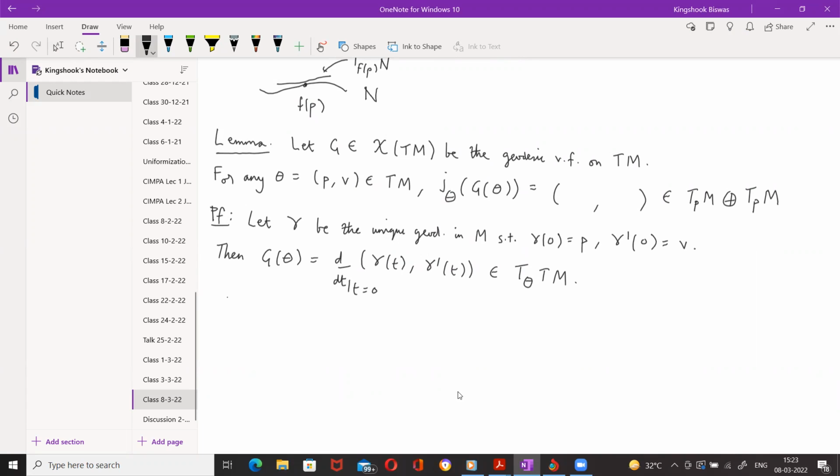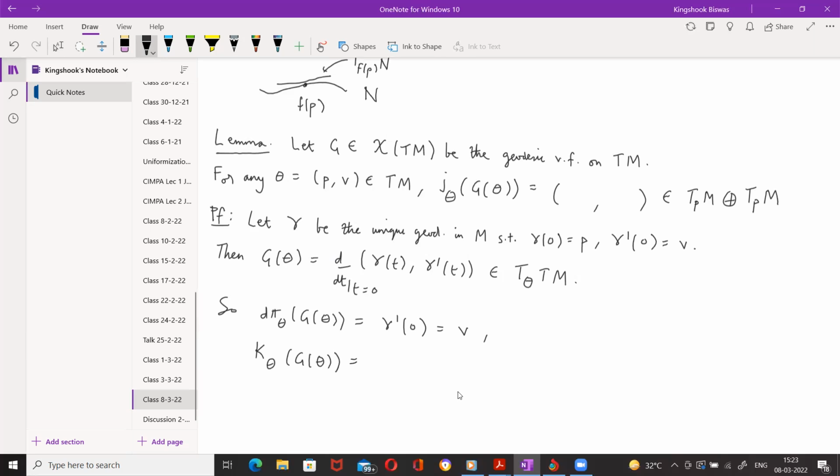So therefore, what is d pi theta of G theta? This will be just gamma prime(0), right? Yes. So this is nothing but V. And what will K theta of G theta be?